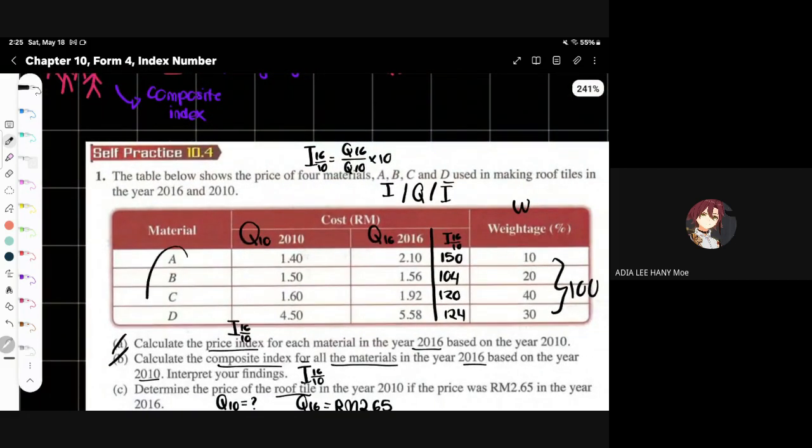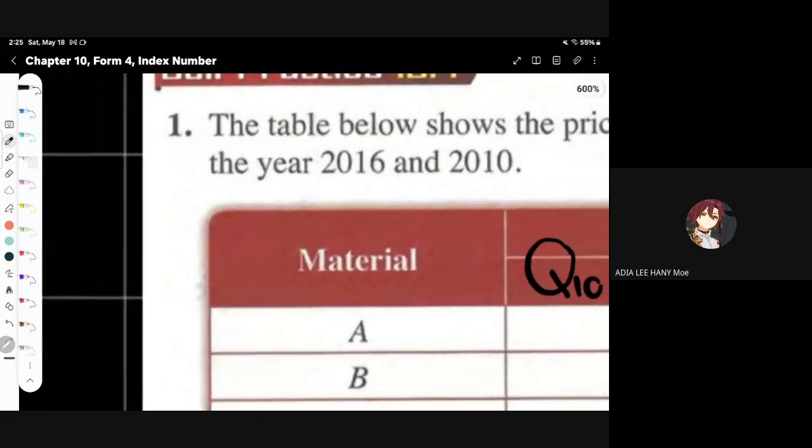So this question is actually asking you for the composite index, not the normal index. Why?